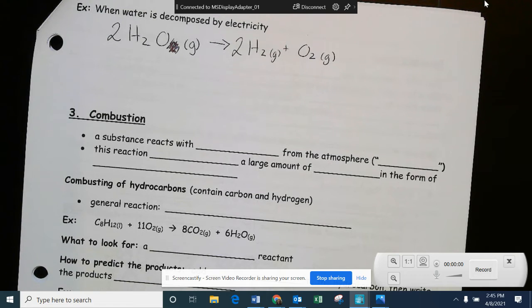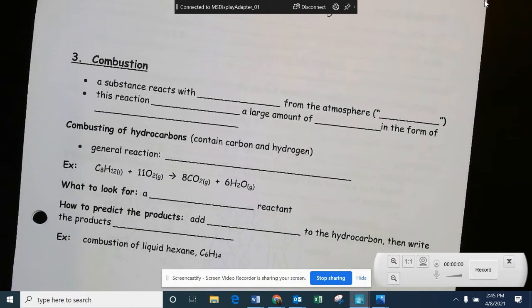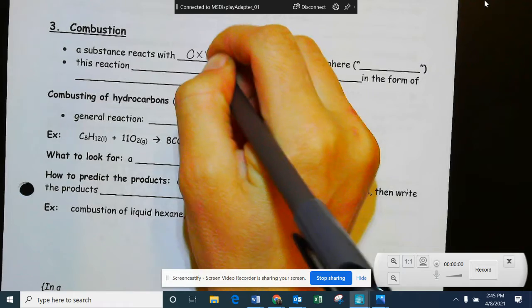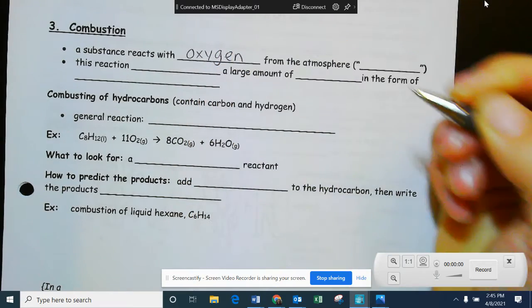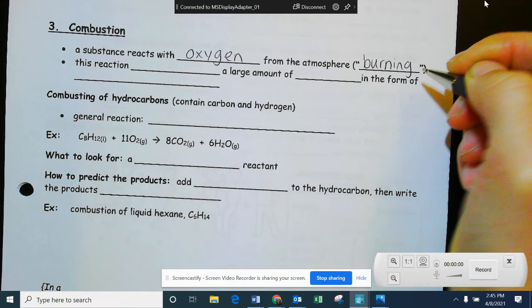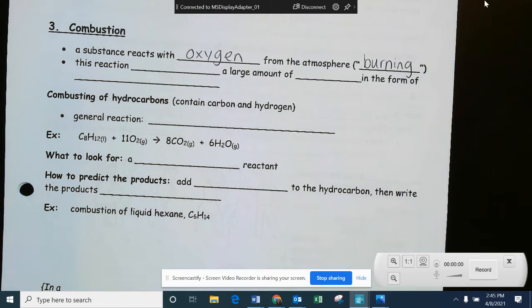All right. So combustion reactions. In a combustion reaction, a substance is reacting with oxygen from the atmosphere. So it's essentially burning, and we see a lot of energy being given off in the form of heat or light.